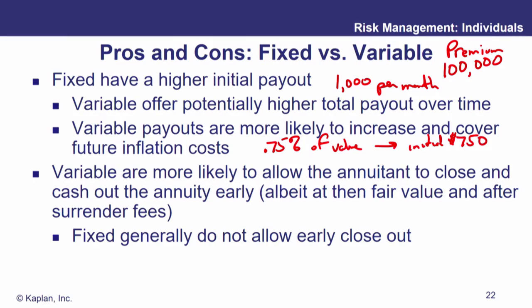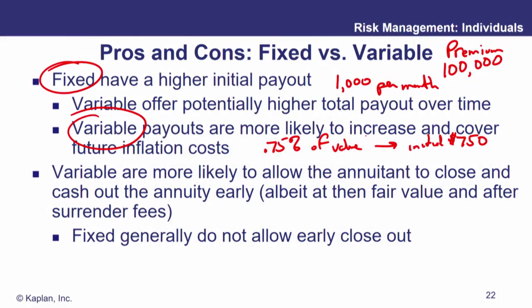This looks simple, but all else is not the same. The first is what's called a fixed annuity. You will get $1,000 a month for life. The second is what's called variable. You get 0.75% of the value of the annuity per month. Now, the initial investment was $100,000, that's $750 a month. But with a variable annuity, the value is usually tied to some kind of an index.